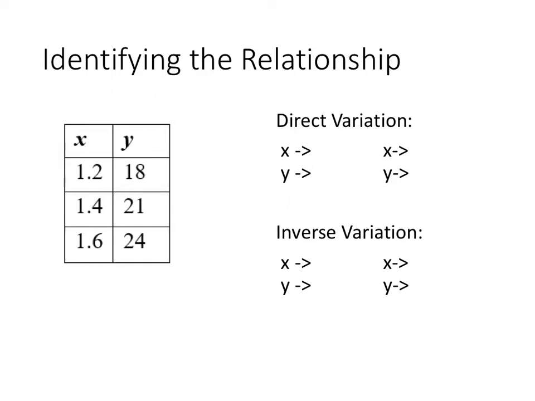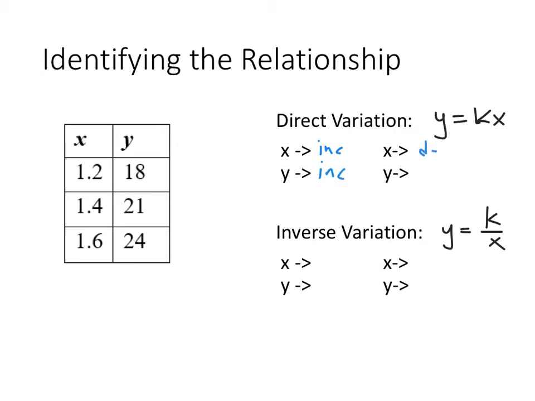And so what we can do is look at what we have going on as far as identifying a relationship. So we either have a direct variation, which is y equals kx, or we have an inverse variation, that is y equals k divided by x. Now, we already looked at, with our direct variation, as x increases, y will increase.